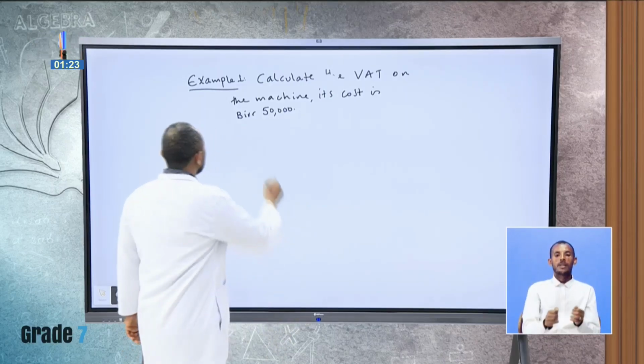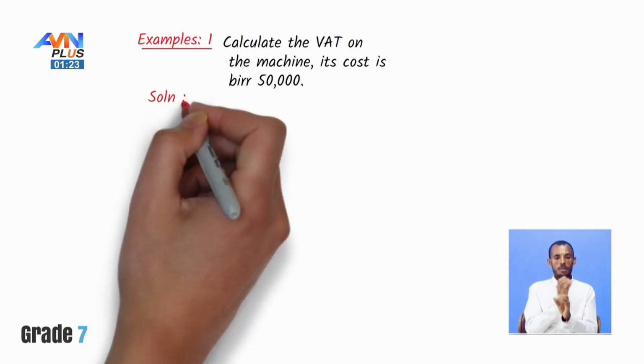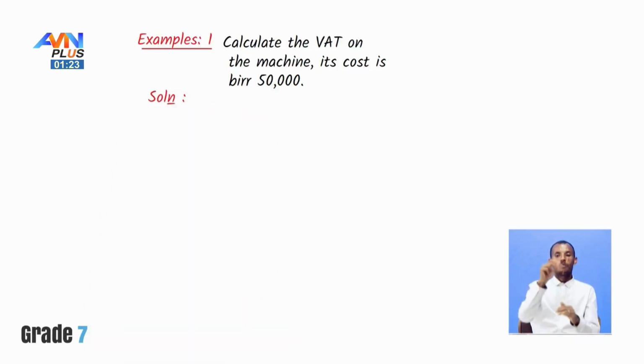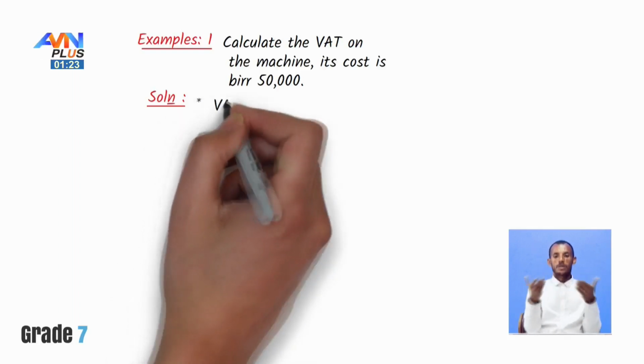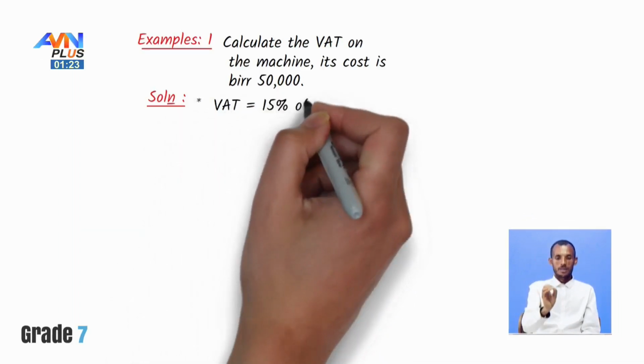As I said earlier, to calculate the amount of VAT, simply use this equation. VAT amount is equal to 15% of the cost.